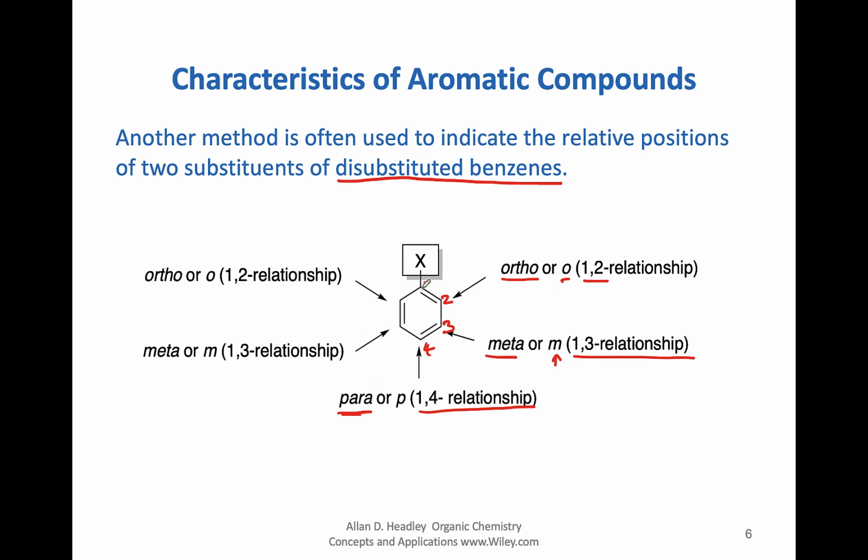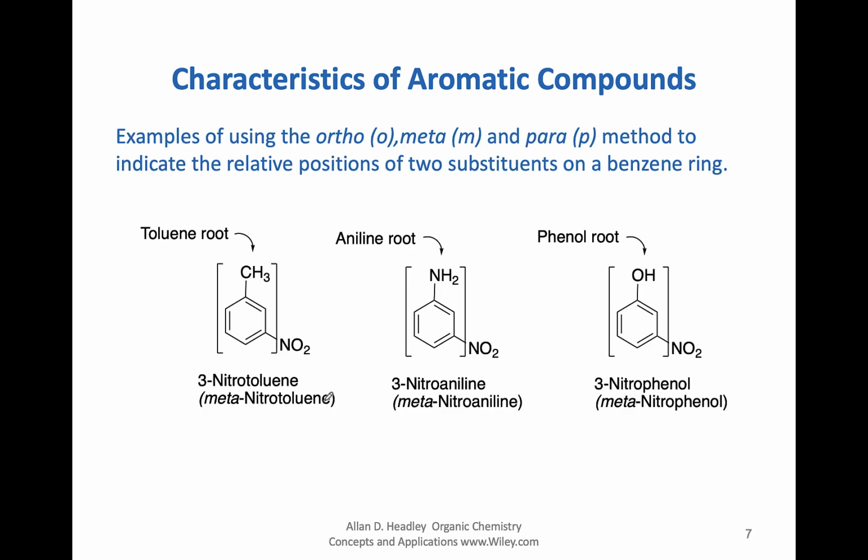Of course, if you go in this direction, this is still a 1-2, as shown here, or a 1-3, as shown here. So it's still a meta or an ortho, depending on the relationship, 1-2 or 1-3, and of course para being a 1-4. So let's apply that.